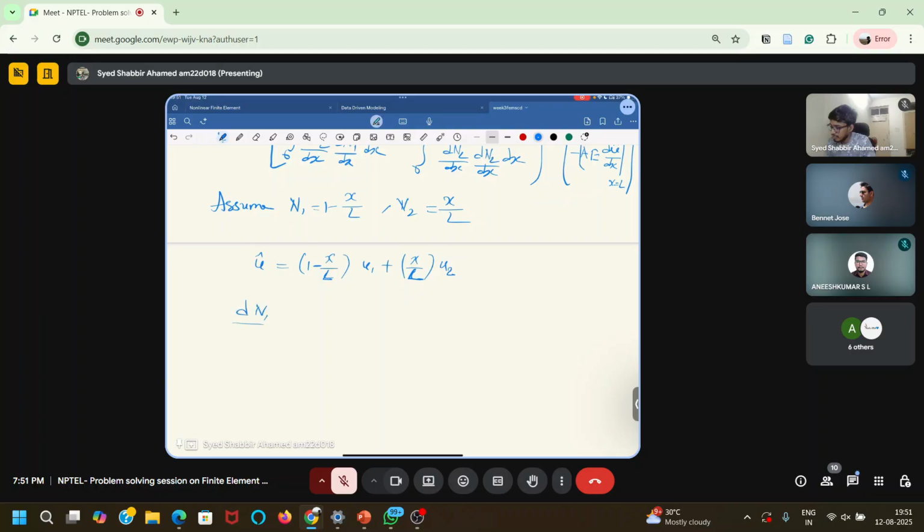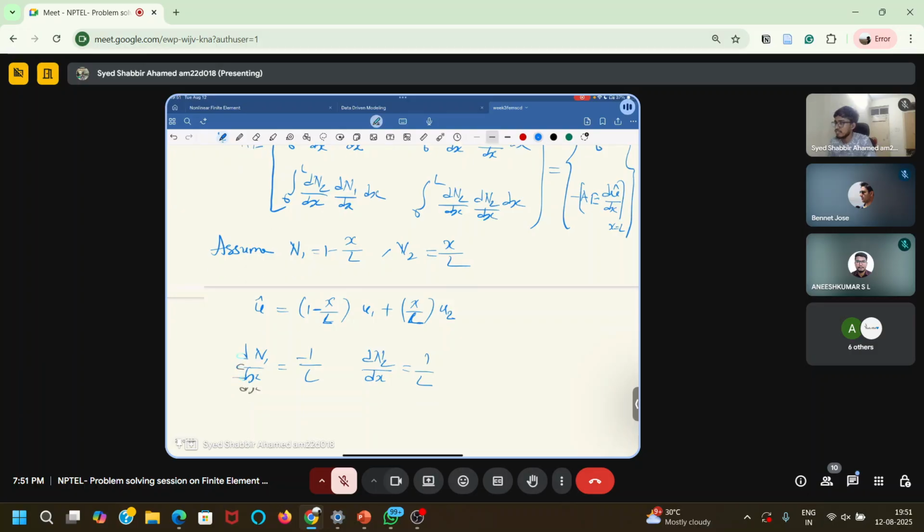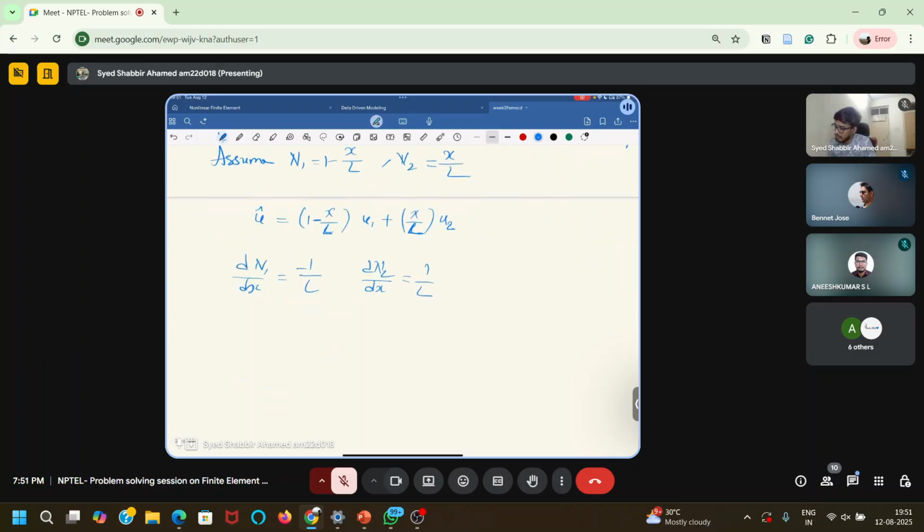If you differentiate N1, you will get minus 1 by L. If you differentiate N2, you will get 1 by L. And if you substitute in these matrices, you will finally get this equation in matrix form: 1 minus 1, minus 1 1, U1 and 0 is equal to q minus A into dU by dx at x is equal to 0.